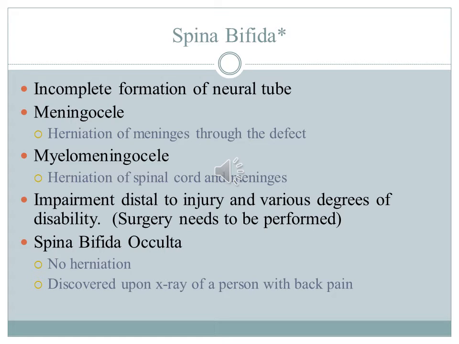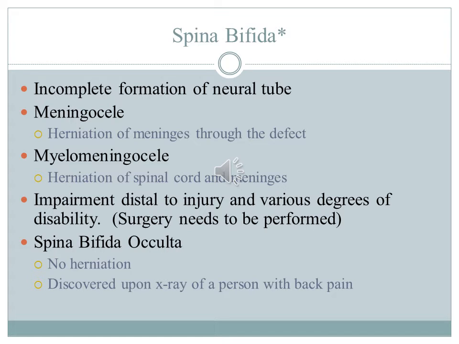The one that typically is not discovered at birth is called spina bifida occulta. The reason is that with spina bifida occulta, there's no actual herniation of the neural structures. Many times this gets discovered by accident in young adults or older people who come in for a back injury, and somehow it gets determined that they have spina bifida occulta.